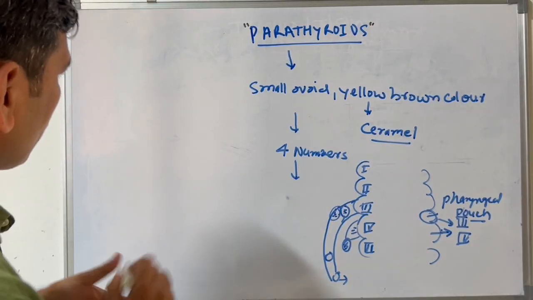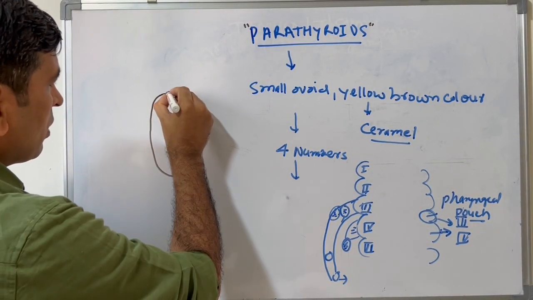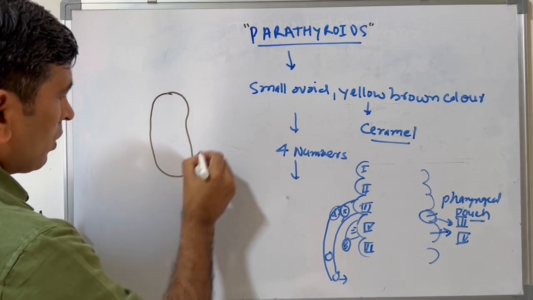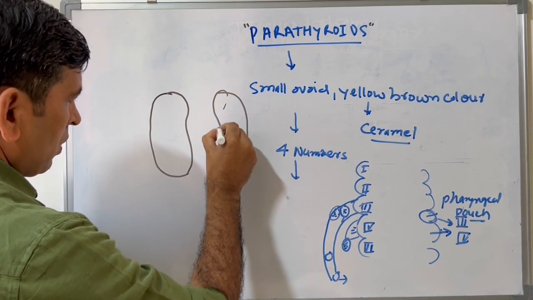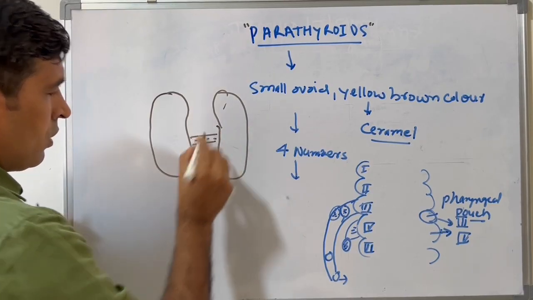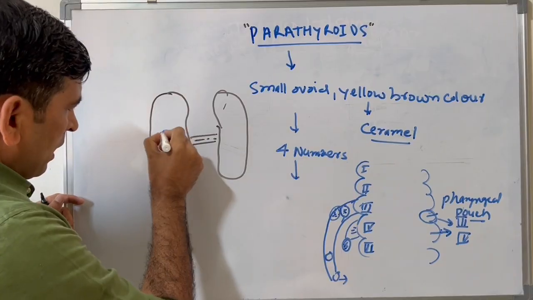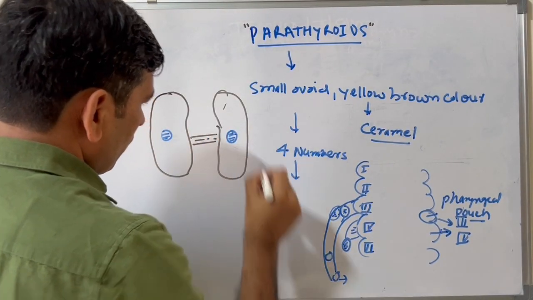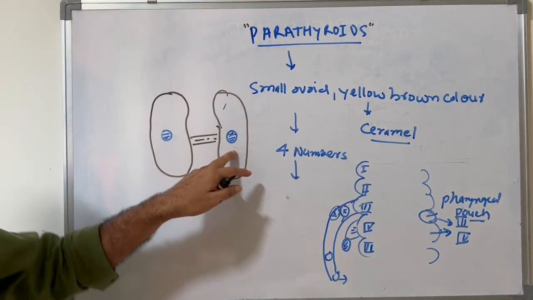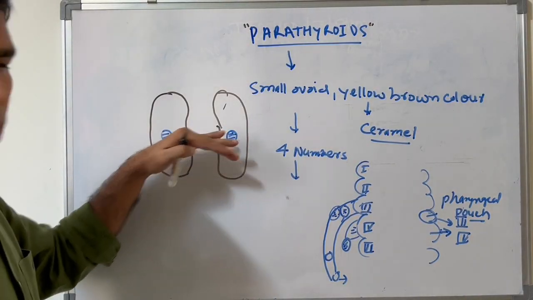See, this is the back picture of the thyroid. This is the isthmus. These superior parathyroids are located here in the middle of the thyroid lobe.